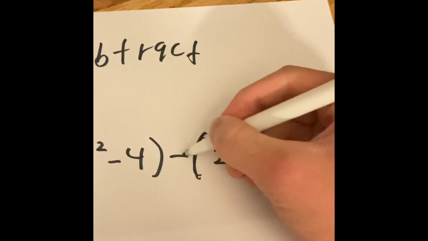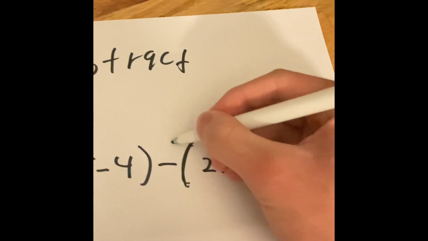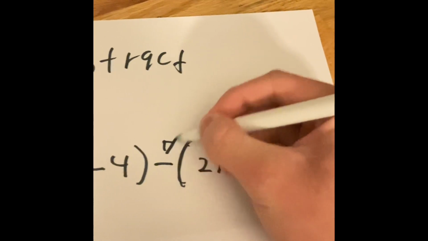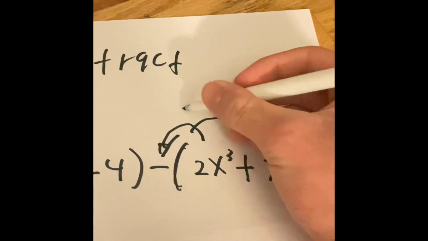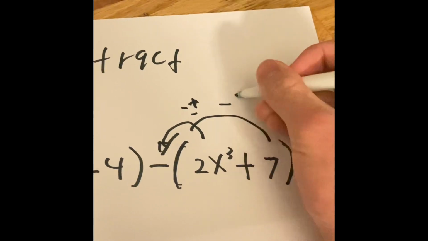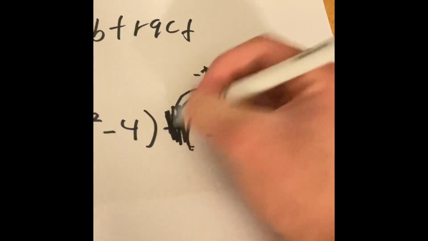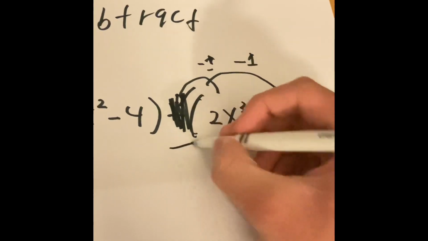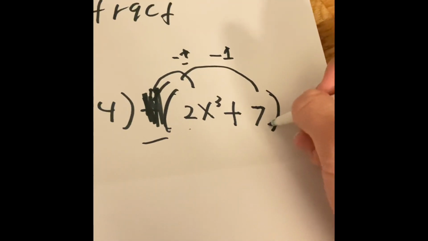Picture in your head a negative symbol becoming just a negative 1. What if you multiply everything by a negative 1 to turn this into a new equation, but get rid of that negative sign? When you have that negative sign, multiply that by negative 1 and multiply that by negative 1.